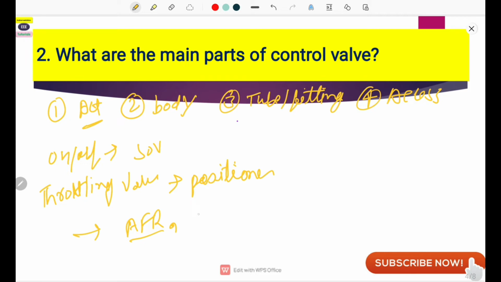There is also a booster, which gives a fast response of the valve, and an air lock relay, which is used whenever fail-safe action is required; it will lock the last position. So these are the main parts generally used when you are using a control valve in a loop or in industry.